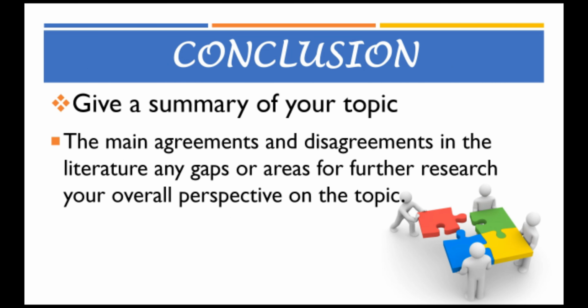We are now in the last part of our literature review, which is the conclusion. In the conclusion, you are going to give a summary of your topic. This is also where the main arguments and disagreements in the literature are presented, along with any gaps or areas for further research for your overall perspective of the topic.